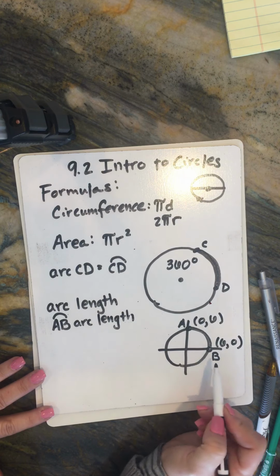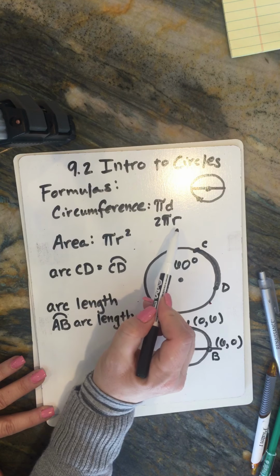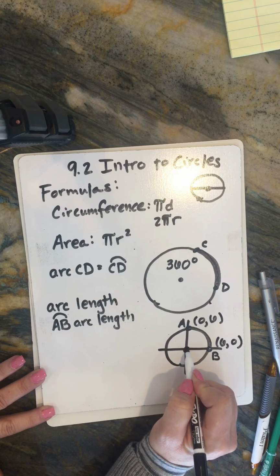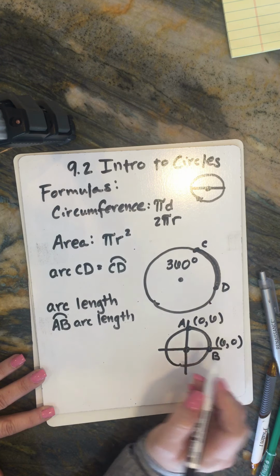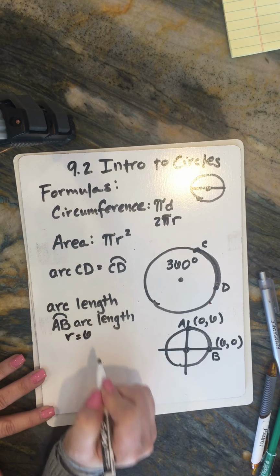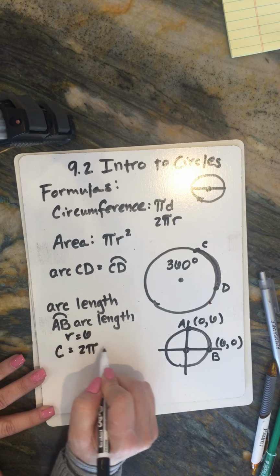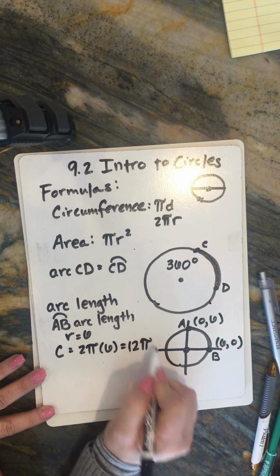So the whole circumference is going to be pi d, or 2 pi r. Let's think about how big is the radius. If you're at the origin in the center, a radius goes over 6. So your r is equal to 6. So your circumference equals 2 pi times 6, or 12 pi.